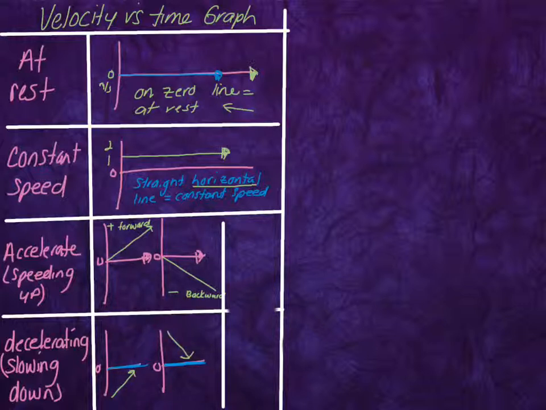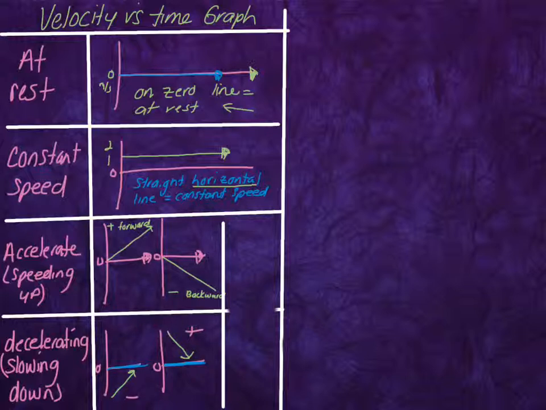In this situation right here, you are slowing down. In which region? Hopefully you said the positive, or excuse me, this is positive, this is negative. So you are slowing down in the negative region, and this one right here, you are slowing down in the positive region. That's basically what that means.